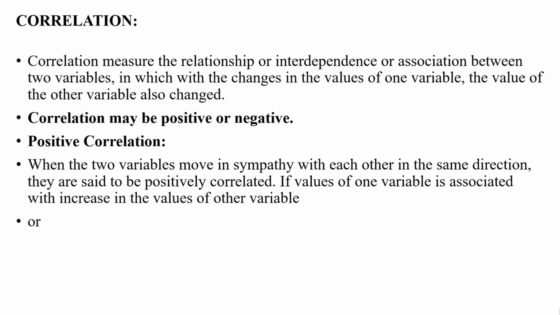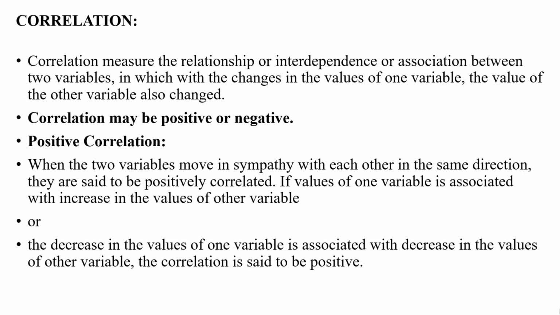If an increase in the values of one variable is associated with an increase in the values of the other variable, or a decrease in the value of one variable is associated with a decrease in the value of the other variable, that correlation is said to be positive, because both move in the same direction or parallel to each other; either they increase or decrease. This type of correlation is known as positive correlation.